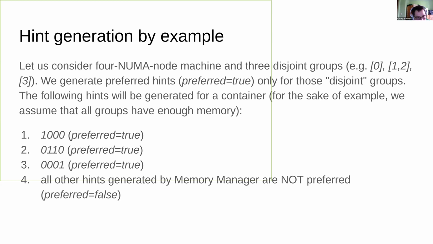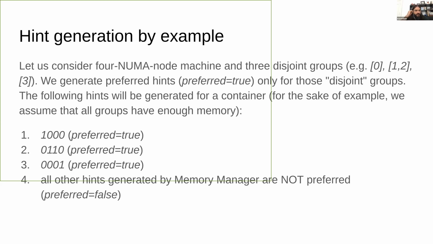The first hint will be a single NUMA hint, preferred, which matches group 0. The second one will be a cross-NUMA hint, preferred, which matches the 1, 2 group. And the last one is also a single NUMA hint, preferred, which matches the third group.